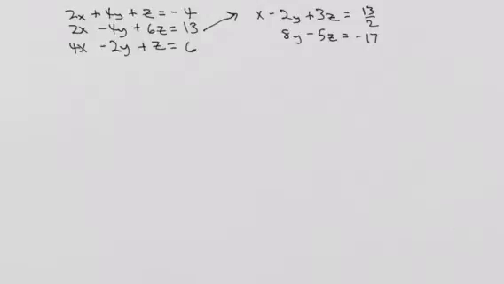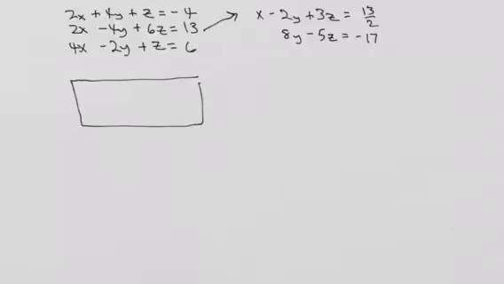For my third equation, I need to use this equation, because I haven't used it yet, and I need to get rid of x so that I'll have a second equation with just y and z in it. I am going to take 2 times this and add or subtract, I'm not sure which, this equation with it. I'm going to do that down here.